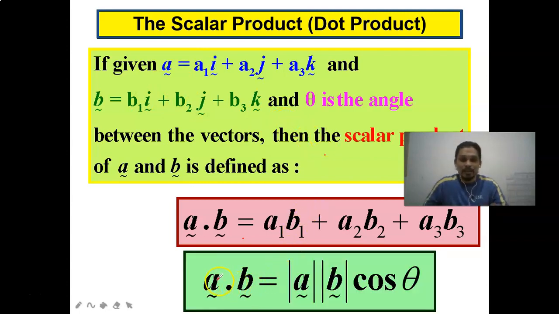Okay, so A dot B would be equal to modulus of A times modulus of B cos theta.